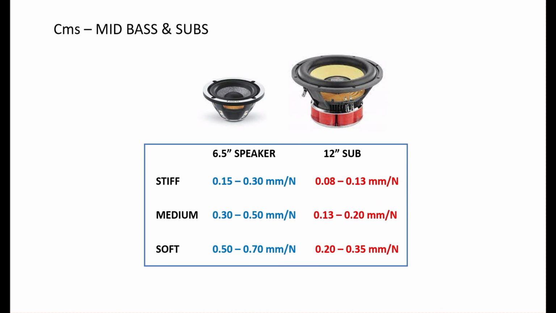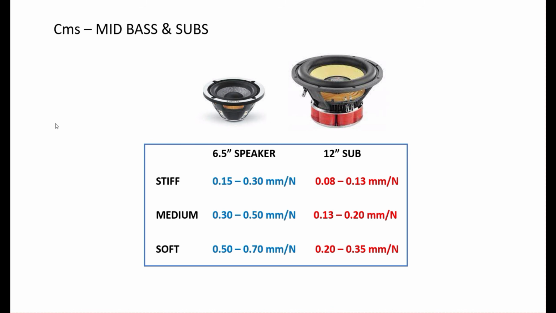Okay, so when we look at the CMS values for different speakers, I'm just going to pick 6.5 mid bass and 12-inch subs just as a category. Let's say you're going to pick a 6.5-inch mid bass, and I'm going to put that in the doors in an enclosure, right? A custom box.